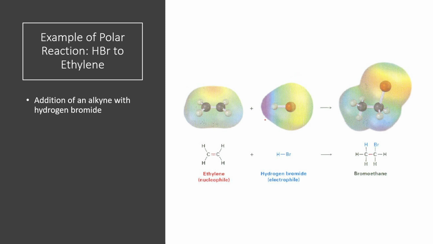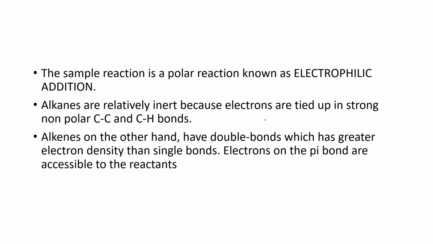An example of a polar reaction is the reaction of hydrobromic acid with ethylene. The reaction is an addition of an alkene with hydrogen bromide. This sample reaction is a polar reaction known as electrophilic addition.